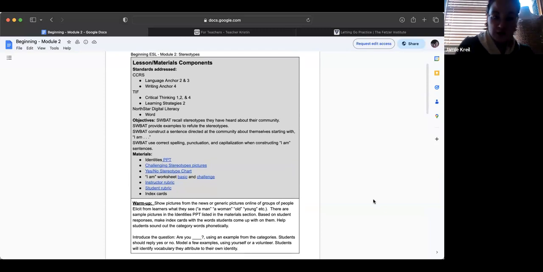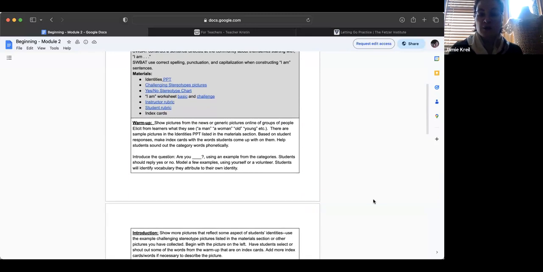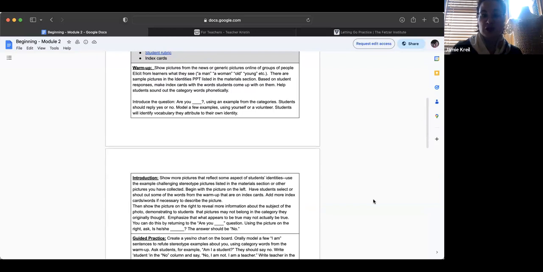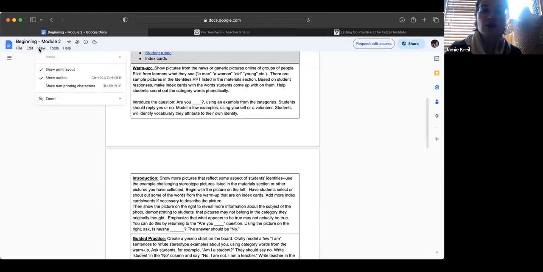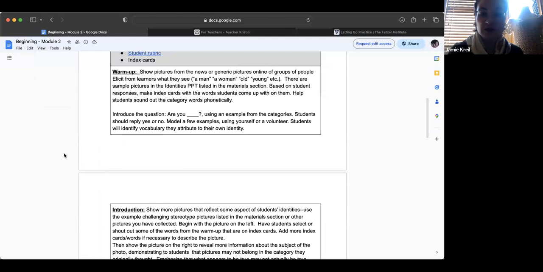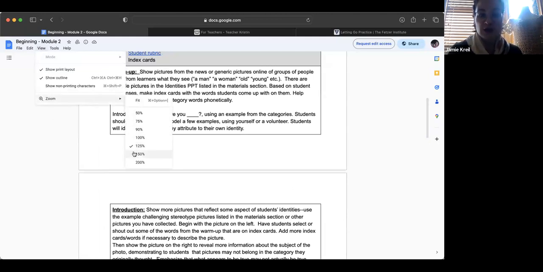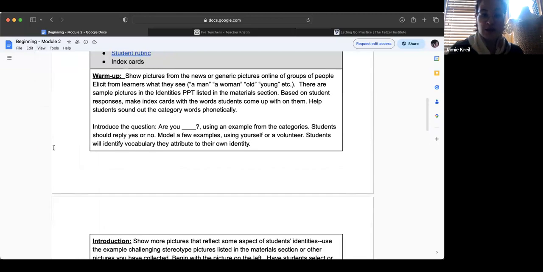During the warm-up, we would provide a set of generic pictures depicting groups of people, and you would have learners elicit what they see. So a man, a woman, old, young, etc. And we have sample pictures provided for you, or you could collect your own. And then they would write those on the index cards, and those become categories.